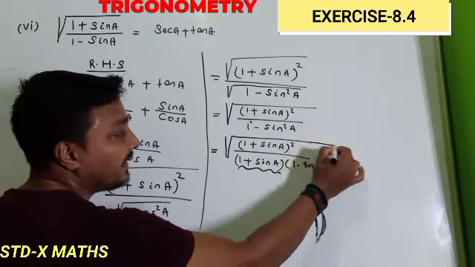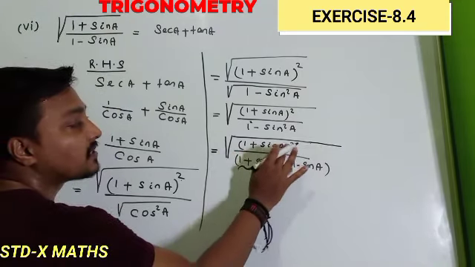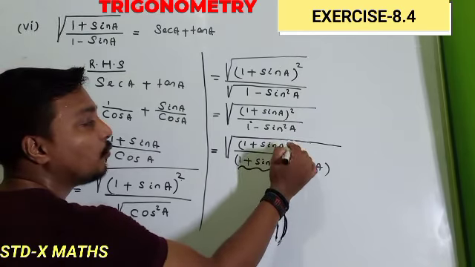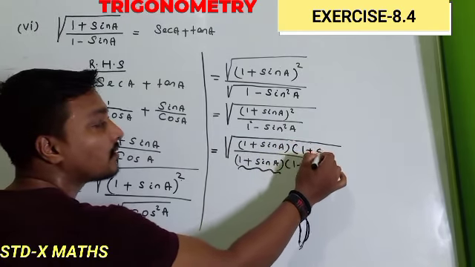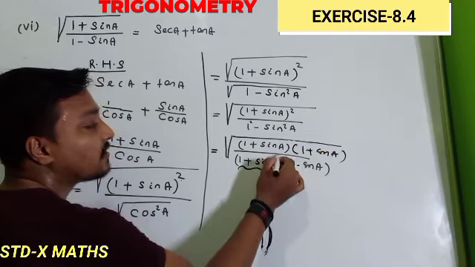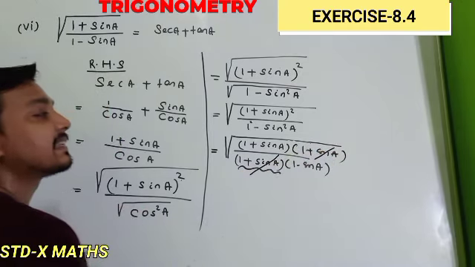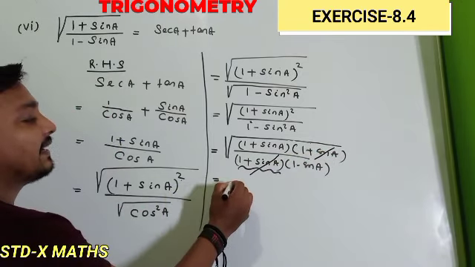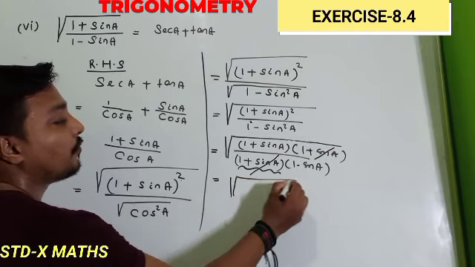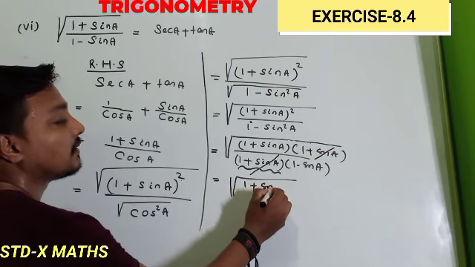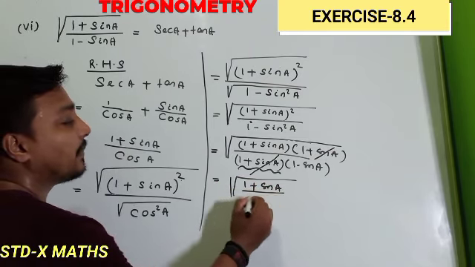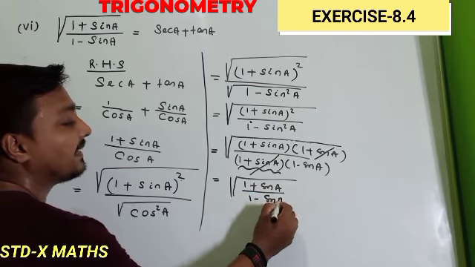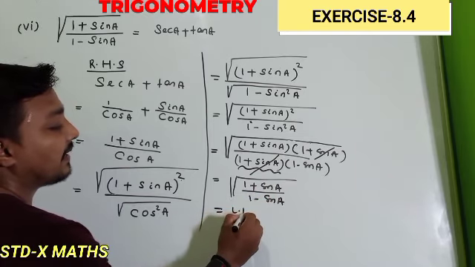Otherwise, if you have any understanding problem, 1 plus sin A whole square means 1 plus sin A, once again 1 plus sin A. And here 1 plus sin A, 1 plus sin A is cancelled. Finally I am getting 1 plus sin A divided by 1 minus sin A, which is our LHS.